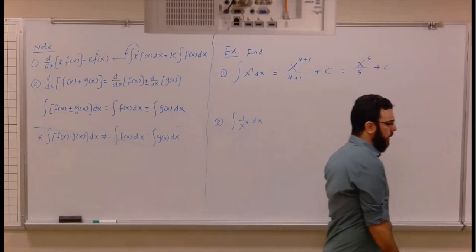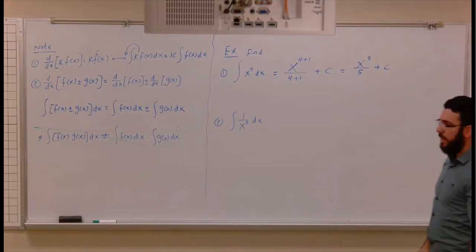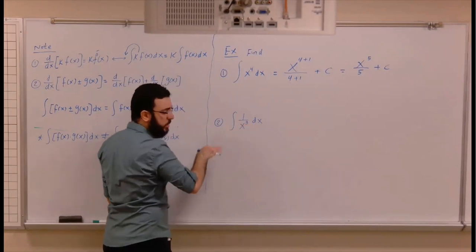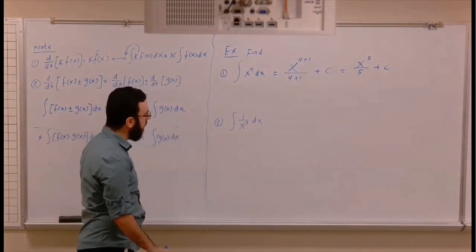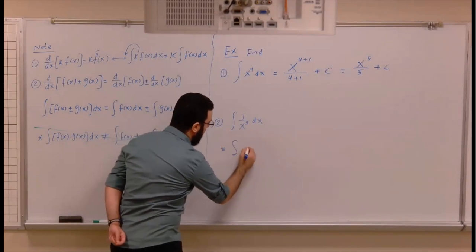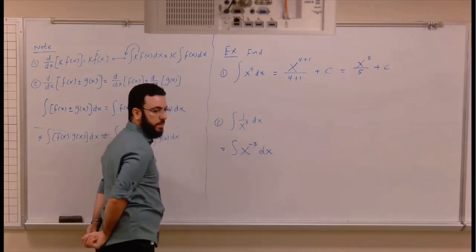What about the second one? How are we going to find the integral for the second one? You're going to do exactly the same thing, but we're going to check here x cubed on the bottom part. So it's easier for us if we rewrite this one as the integral of x to the negative 3 dx.